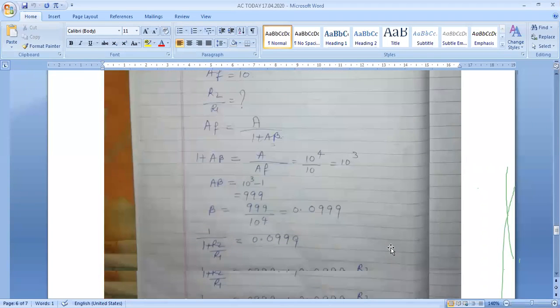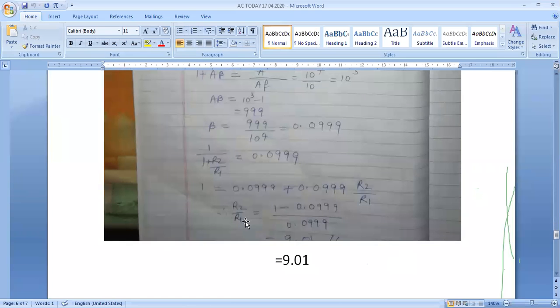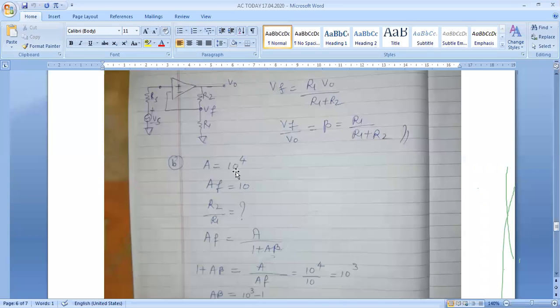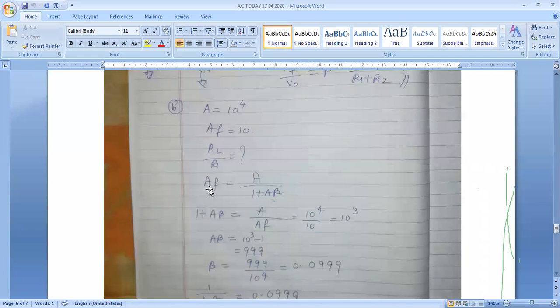Now the second one is to find the R2 by R1 value. He has given A as 10 raised to 4 and AF equal to 10. So I have to find R2 by R1. We know that AF equals A divided by 1 plus A beta.